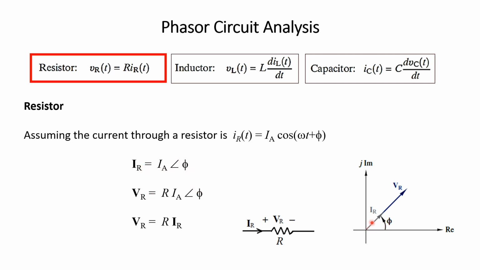Therefore, this is I_R, and the longer line over here shows V_R if R is greater than 1. The phase angle of the current and the voltage in a resistance is the same.